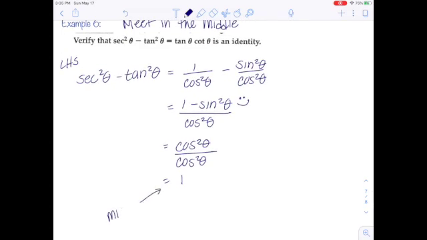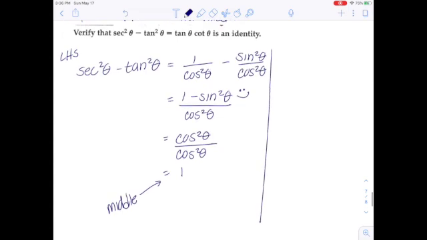Okay, so like right here, we're in the middle. I don't know how to get to the right-hand side unless I have some sort of crazy knowledge. So what we're going to do is work, kind of like in parallel, on the right-hand side. So let's manipulate the right-hand side, and maybe, just maybe, we'll end up with 1.